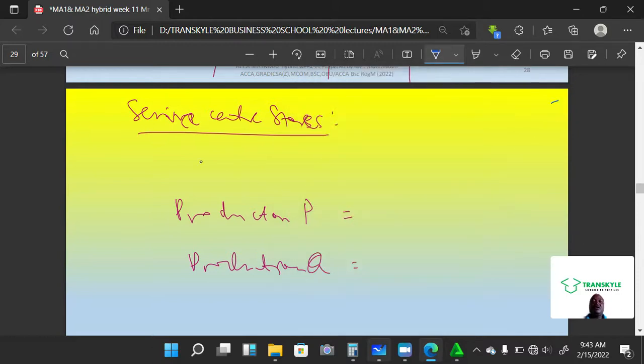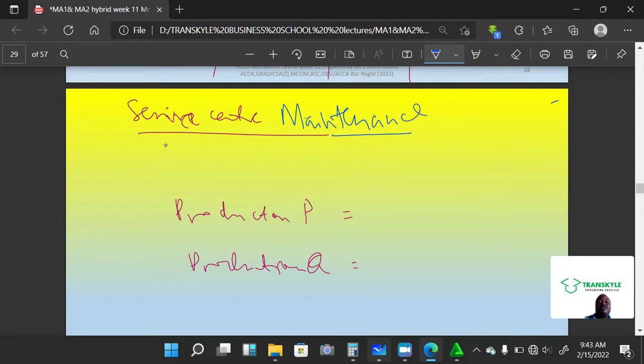Let me just use Mr. Blue. So cost center, this time we are talking of some other cost center. The cost center we are talking about this time is maintenance.